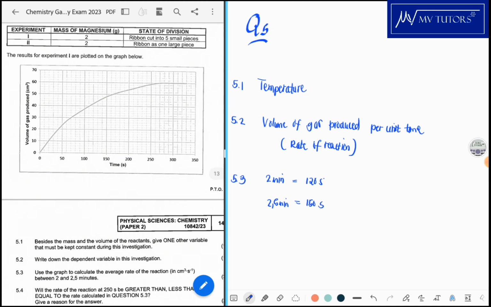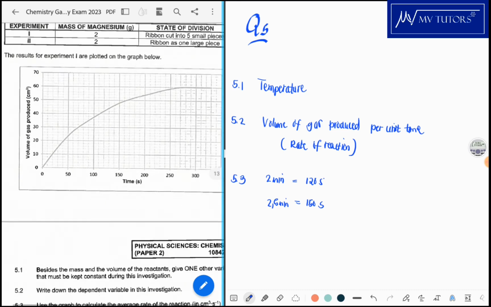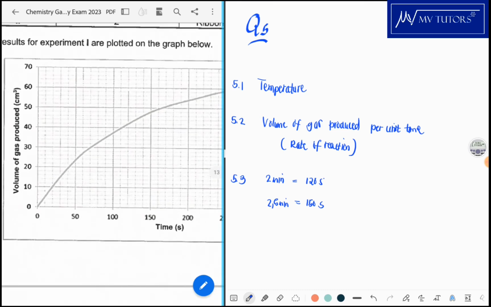So I'm going to look at 150 seconds. If I make that a bit bigger, at 150 seconds I'm getting a volume produced of 48 cubic centimeters. And for 120 seconds, it is 42.